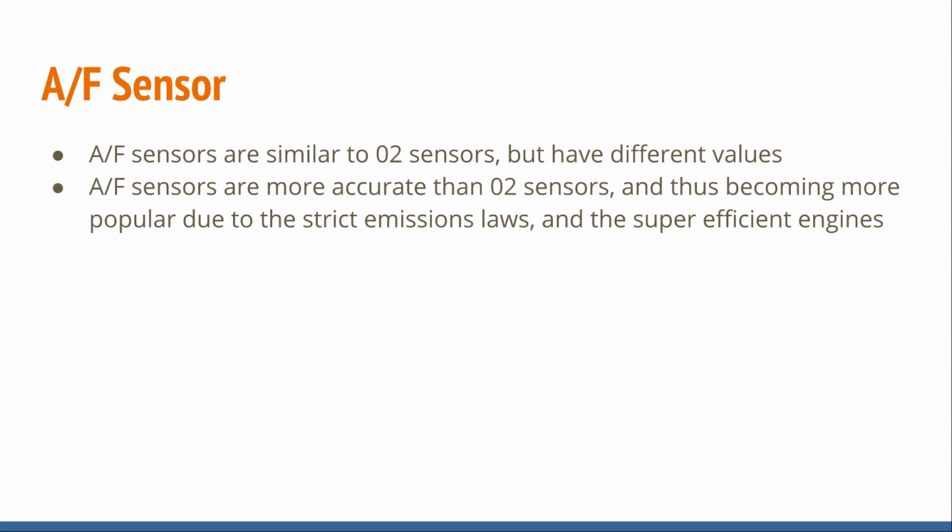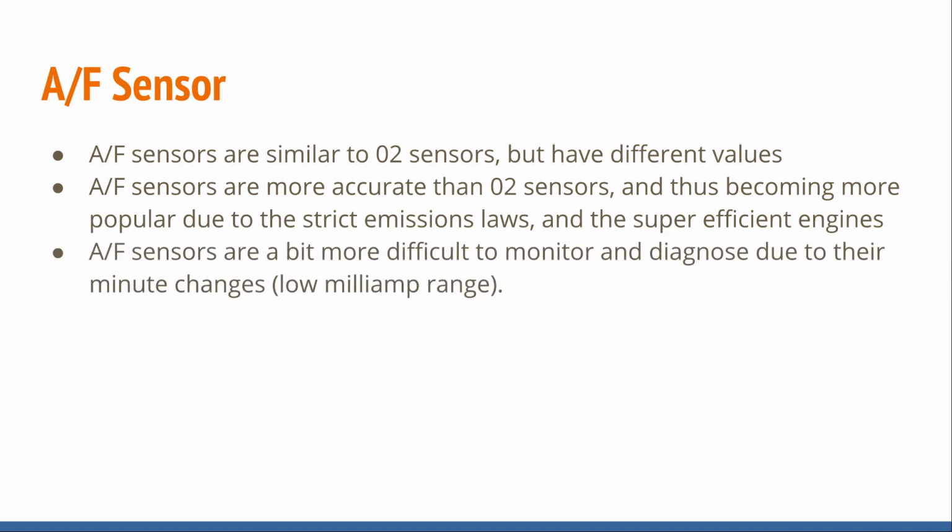So, you know, as they push and push and push for cleaner running engines and more fuel economic engines, they've developed these AF sensors that read at just a more accurate scale. And so you're going to see these things more and more often.